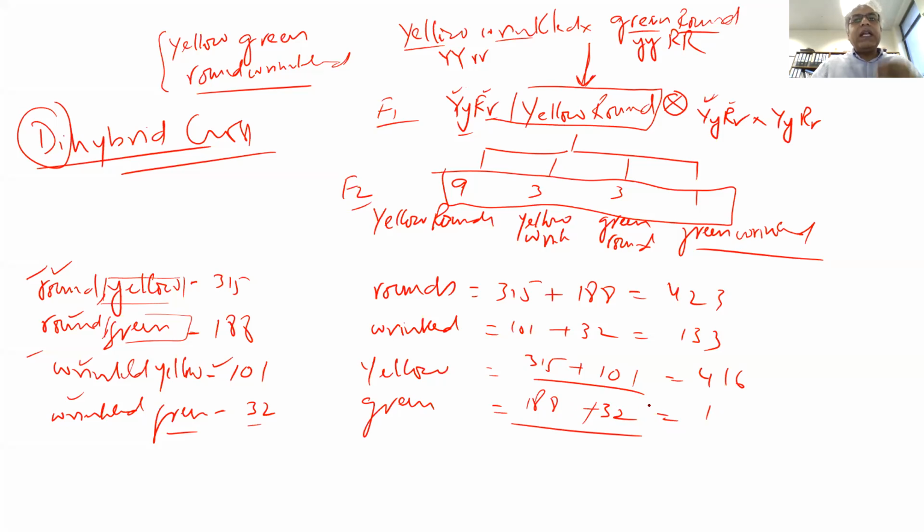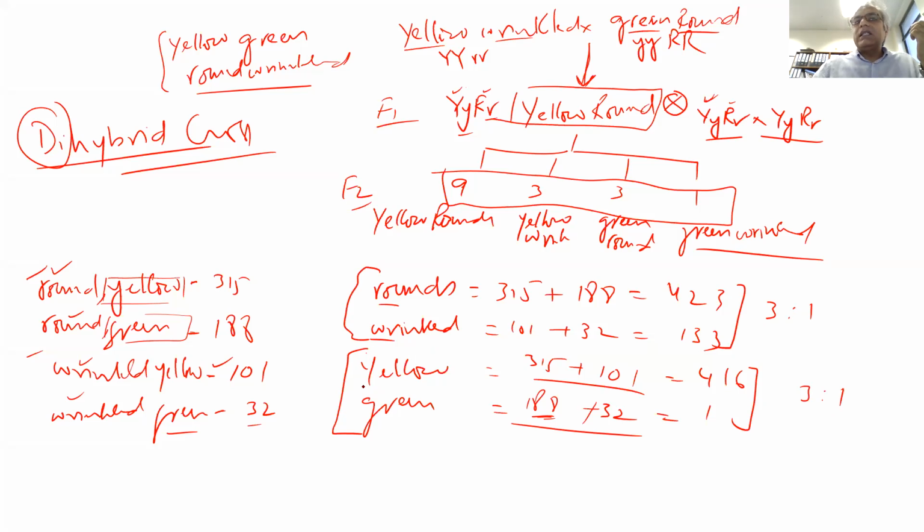And what he discovered, though I may be wrong here with this number, is that the underlying ratio between round and wrinkled, or yellow and green, even though in the F2 the parents of F2 were capital Y, capital R, small y, small r, the ratio remained intact.